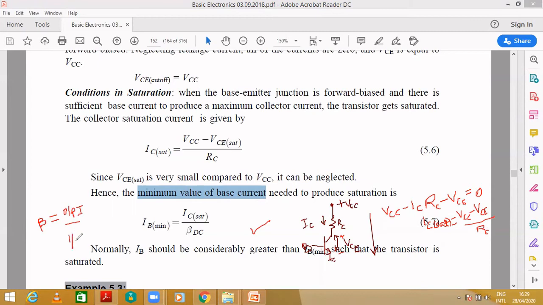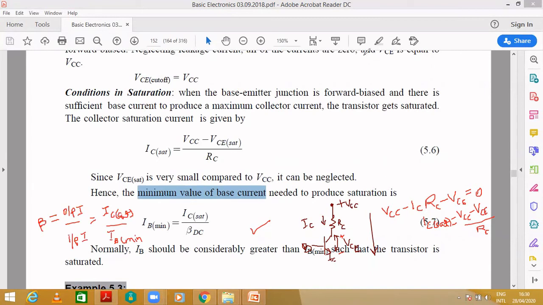What is your output current? It will be IC in the case of a CE amplifier. I am taking the saturation region, so I am mentioning it as IC saturation. Then input current is nothing but IB, since I am giving input through the base. Now if you rearrange for IB, you will get this formula. Here the IB should always be greater than IB min, such that the transistor is saturated.